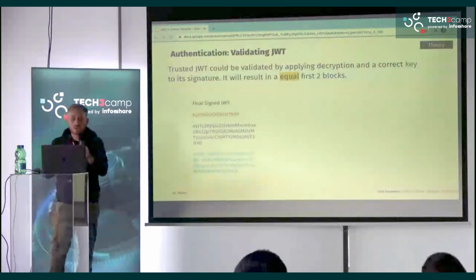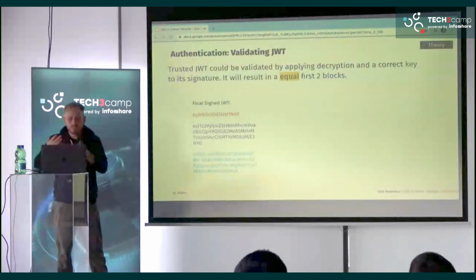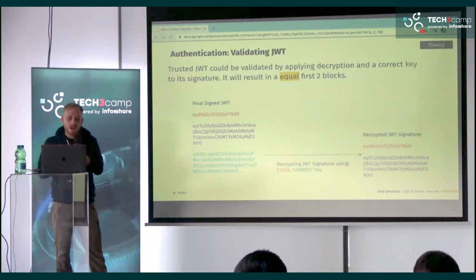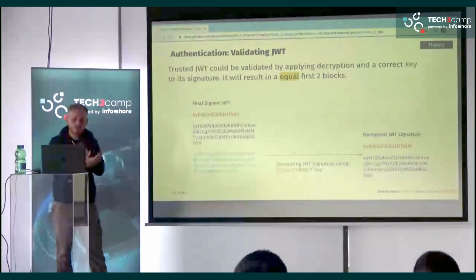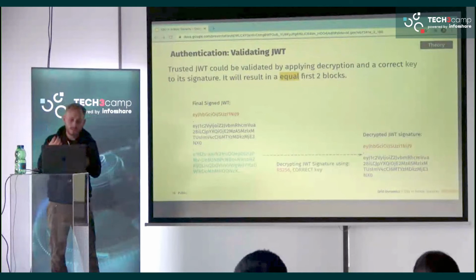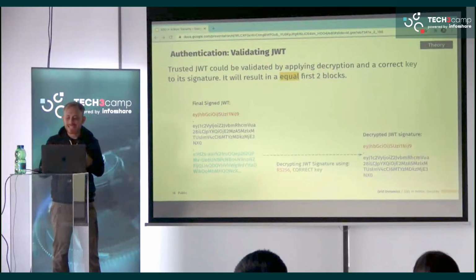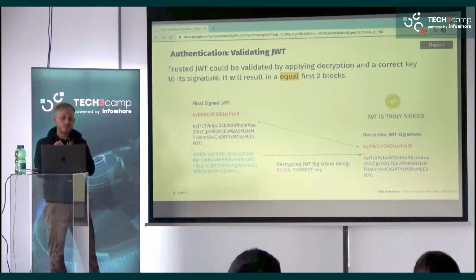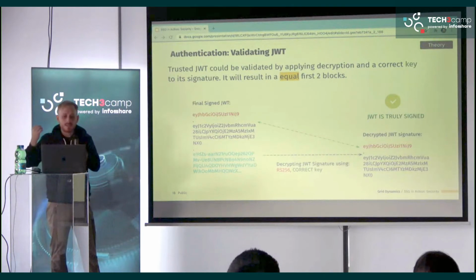So how is it validated? If a resource server is asked to check whether this JWT token is valid, we apply decryption to this signature. We decrypt what we encrypted in the previous step, and when we decrypt it using the encryption key, we are supposed to get exactly the same blocks. If we get exactly the same blocks, it means that the JWT token is truly signed.